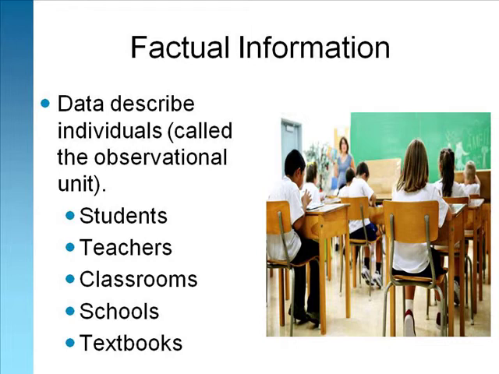Data is factual information that describes individuals, which are called the observational unit in statistics. In education, for example, these individuals being observed may be students, teachers, classrooms, schools, or textbooks.